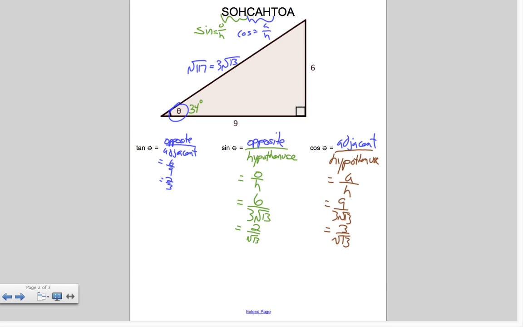And then your TOA is tan is equal to opposite over adjacent. So that's the trick for remembering those trigonometry functions. SOHCAHTOA. Sine is opposite over hypotenuse. Cosine is adjacent over hypotenuse. And tangent is opposite over adjacent.